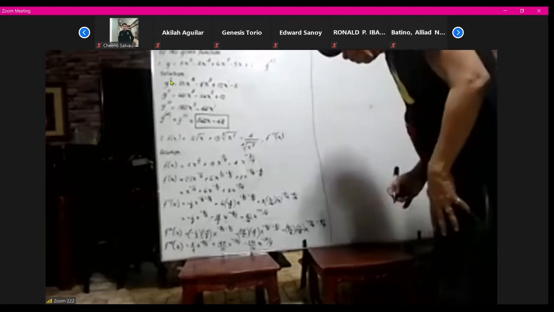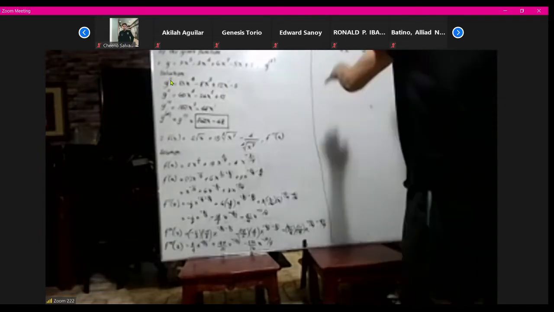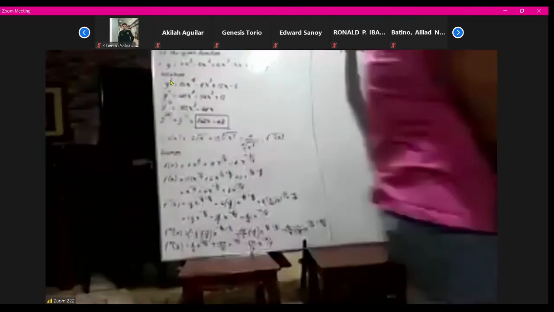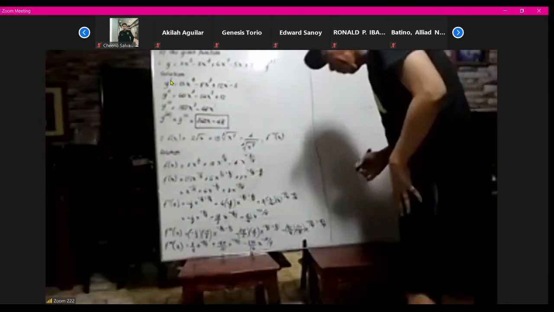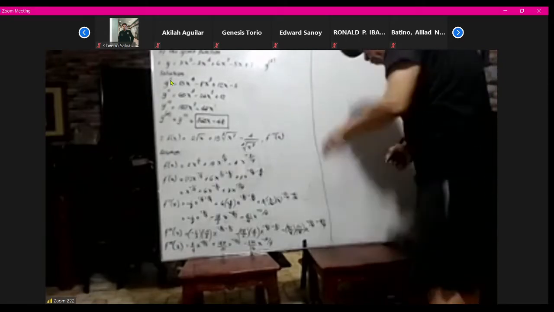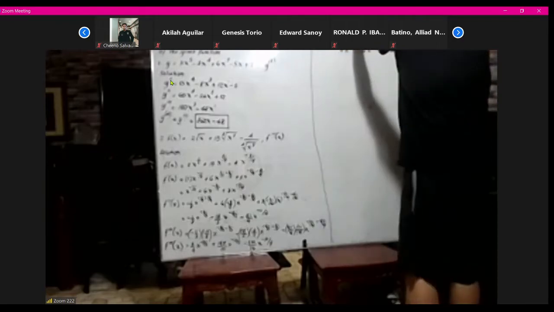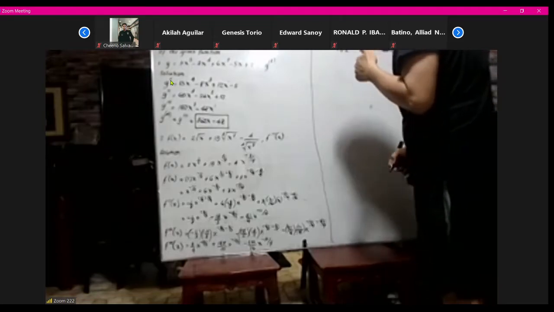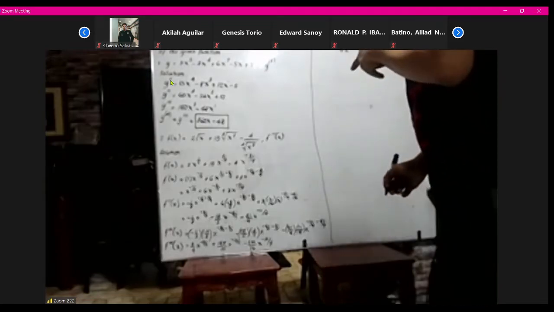Then sumunod, negative 231 all over 16. X raised to 15 over 4. Then the last one is equal to, yun na lang pala. Okay, tama ba?